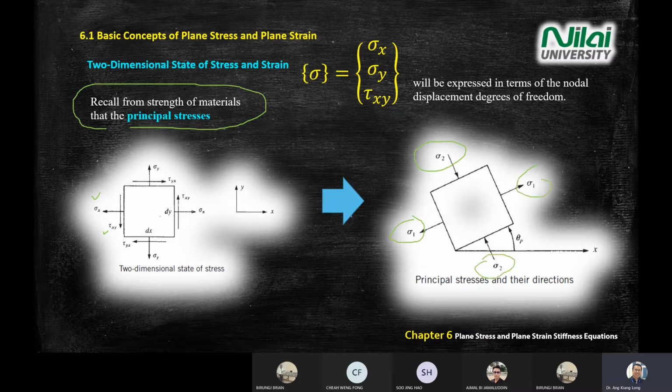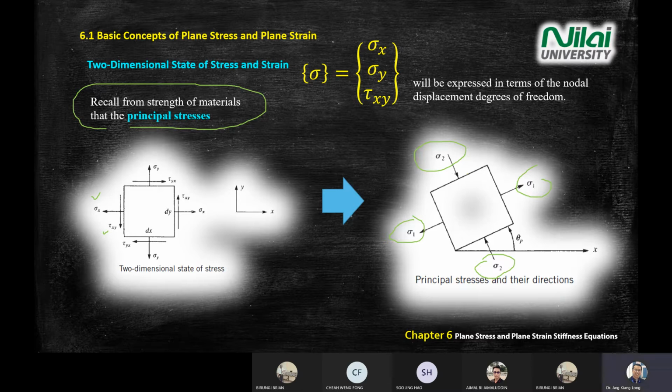Okay, so meaning if you turn this element at a certain angle, in this case theta principal or theta p, you're going to convert all these stress x, stress y, shear xy, and so on into only principal stresses.